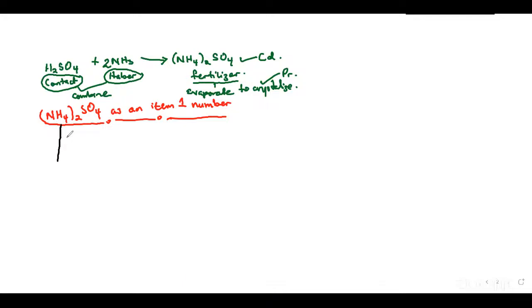In item 1, we shall look at the product, category, and function. So we shall say ammonium sulfate is an artificial fertilizer.